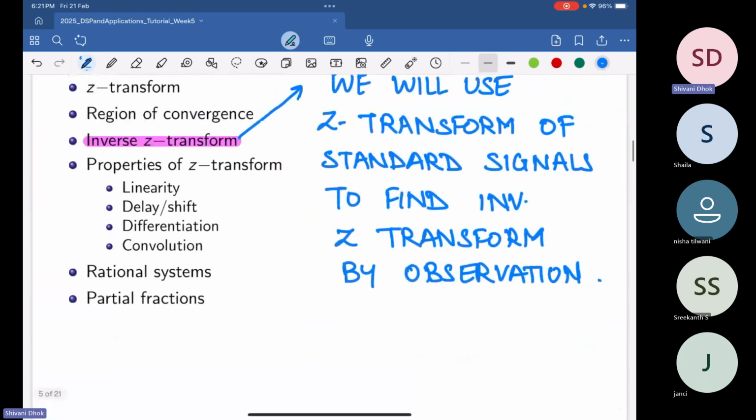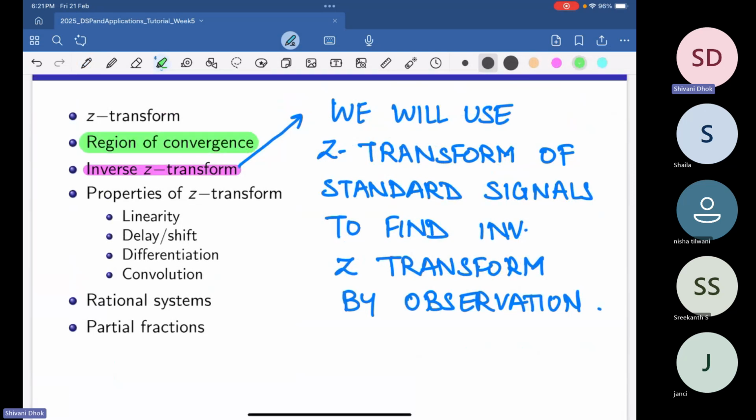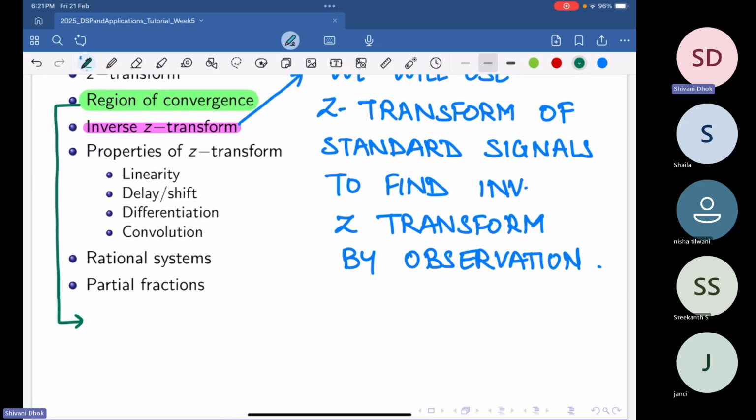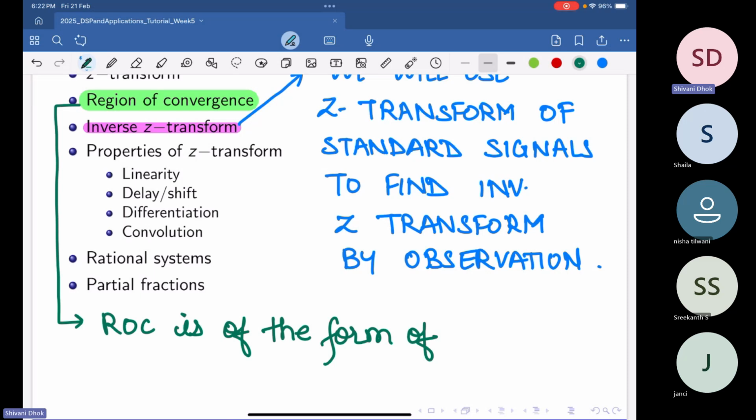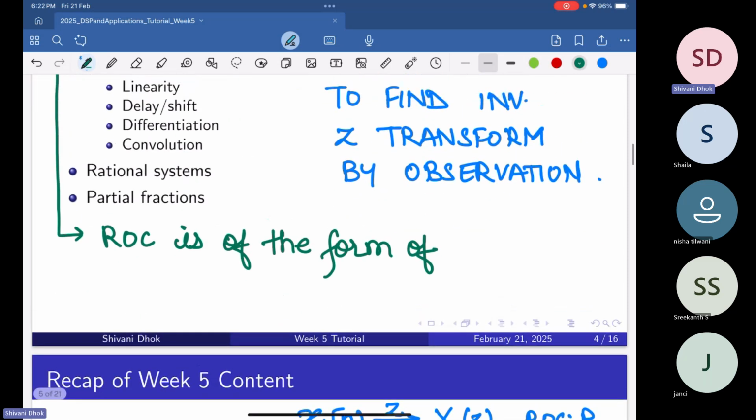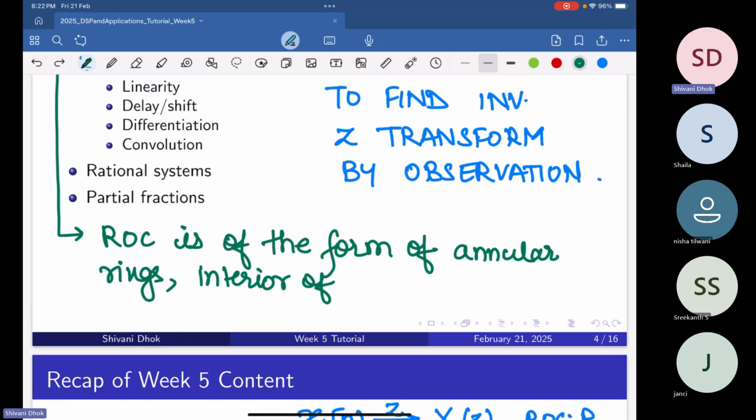So this region of convergence, or ROC, is always of the form of annular rings, the interior of a circle, or the exterior of some circle.